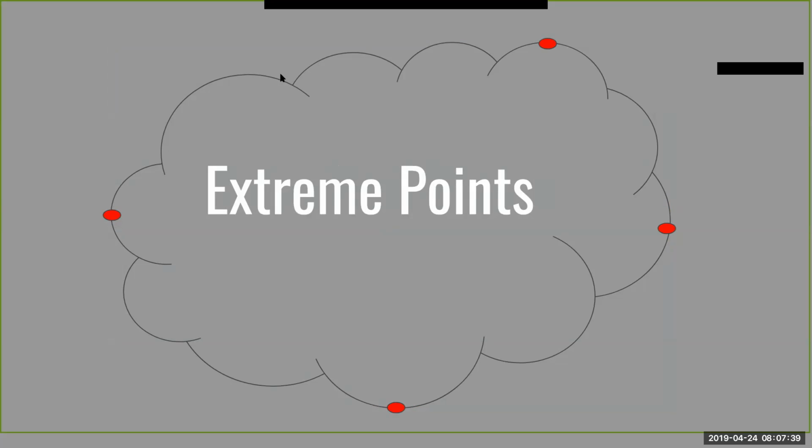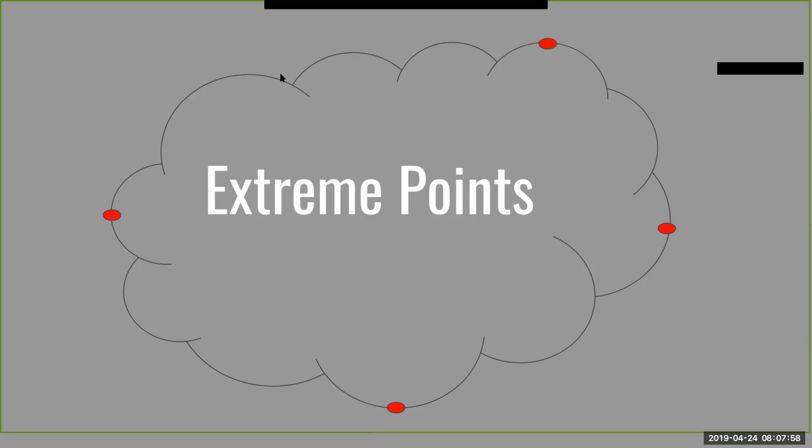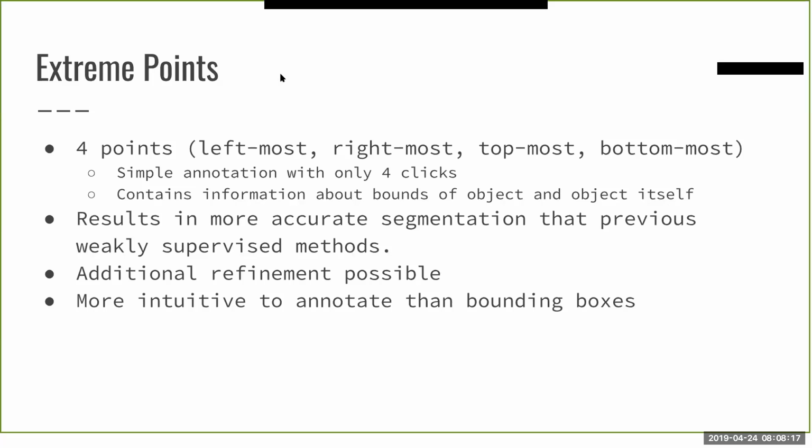And from that, you have not only the same information as the bounding box, because you can easily create a box from this by connecting the points with lines, but also you have points that are actually on the object itself. And so that information can be used in a classifier of some sort.